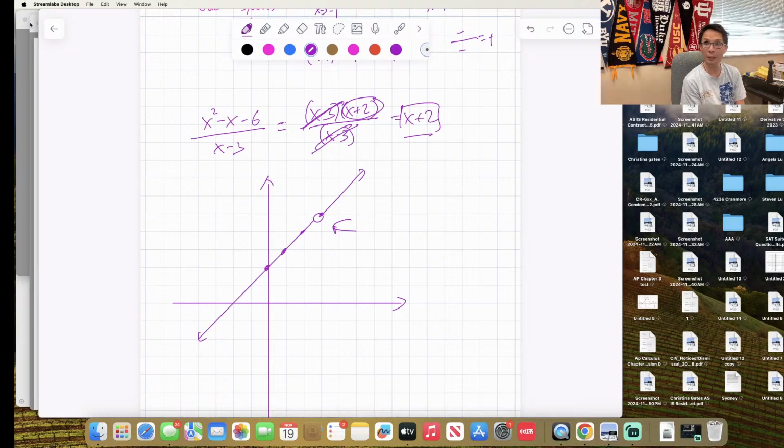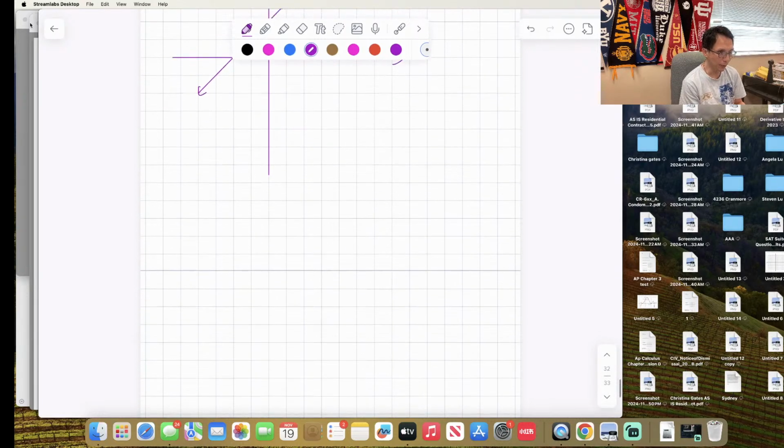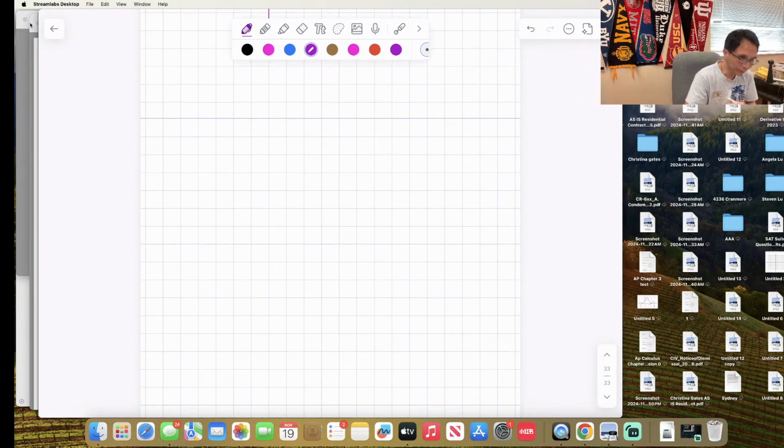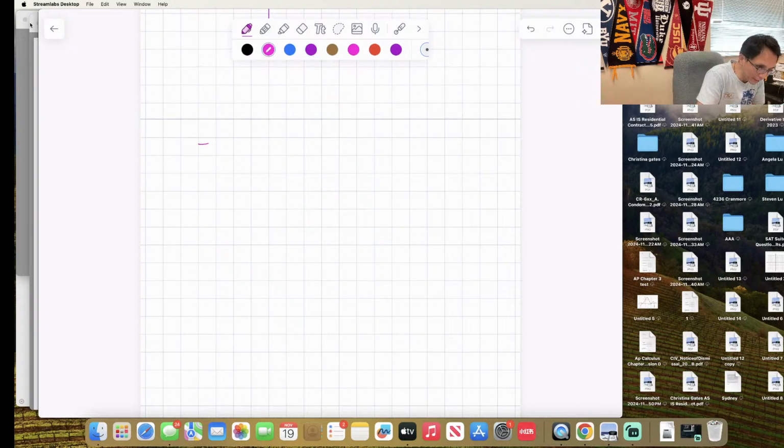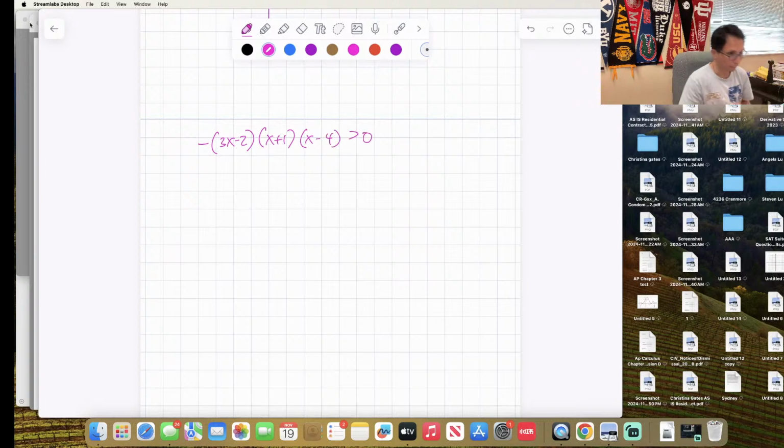All right, for the last 12 minutes, we're going to talk about polynomial inequality. So what if you have something like this? This is called a polynomial inequality, or actually a compound inequality.